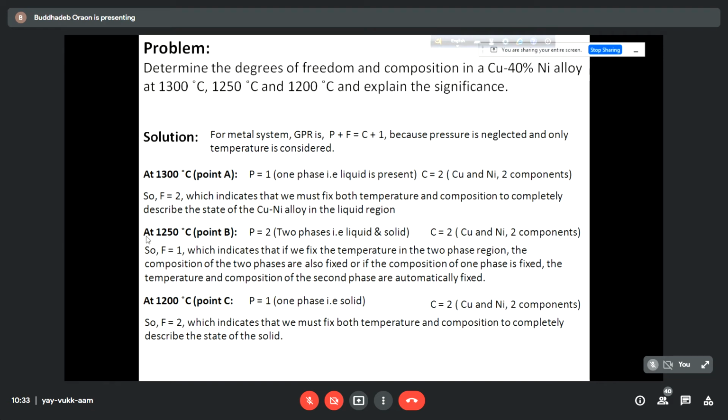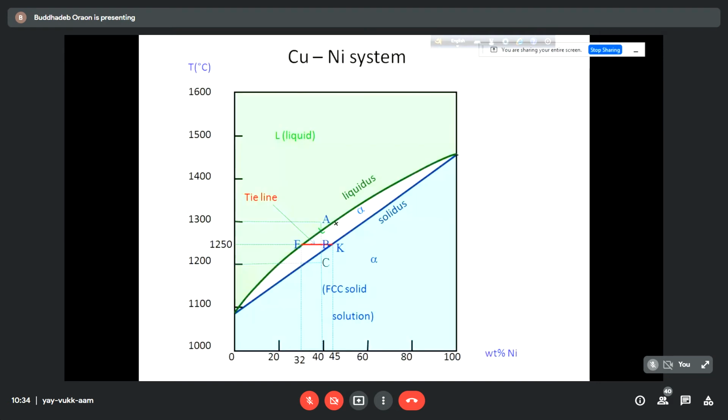Now let us see how these phase diagrams look. If you draw the copper nickel system phase diagram, it will look like this. In the x-axis, we are taking nickel and copper percentage, so we are denoting only nickel here. That means when nickel is 100%, copper percentage is 0.